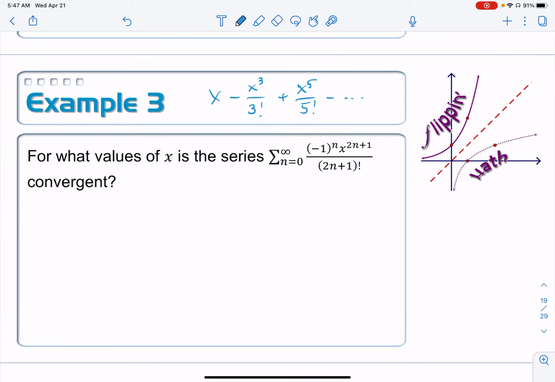So we're going to go with the limit as n goes to infinity. And since this is already a fraction, a ratio, we are going to use the nifty trick where we multiply by the reciprocal.